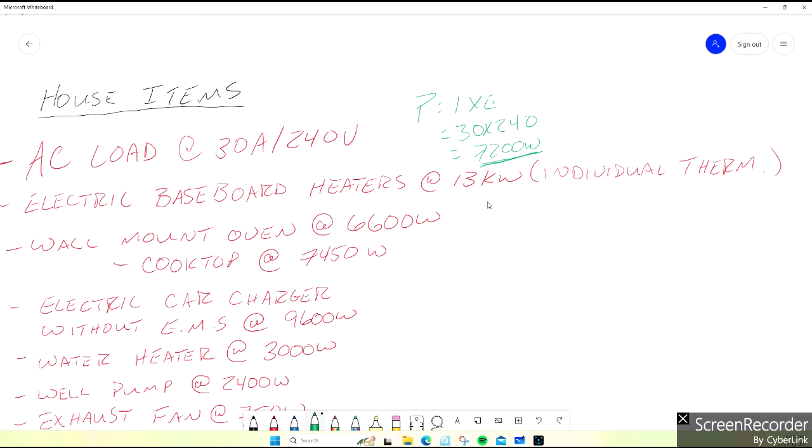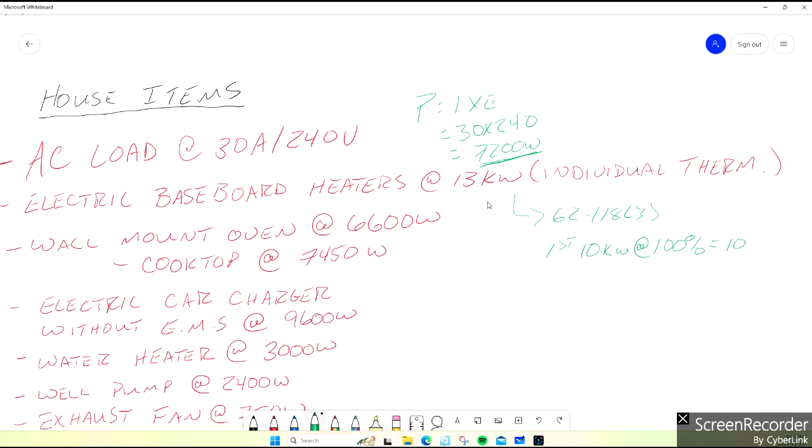We have a 13,000 watt heating load. Okay. Electric baseboard heaters at 13,000 watts. Okay. They're on individual thermostats. So remember, in 62.118 subrule 3, it says I take my first 10,000 watts at 100%, right?